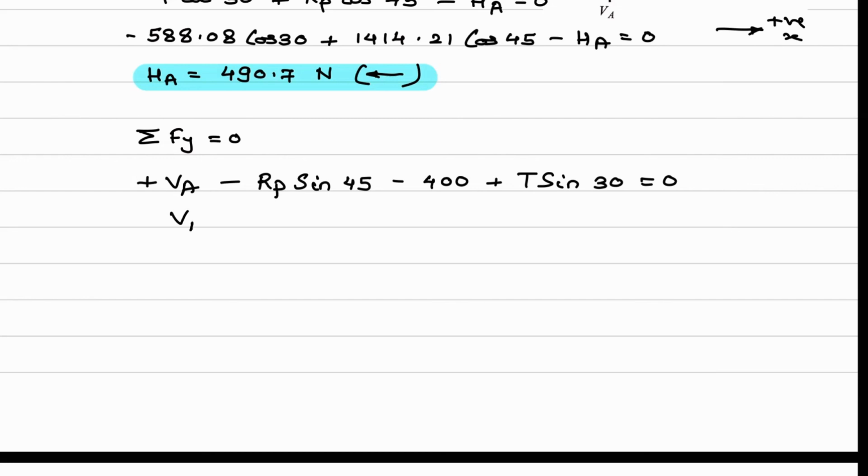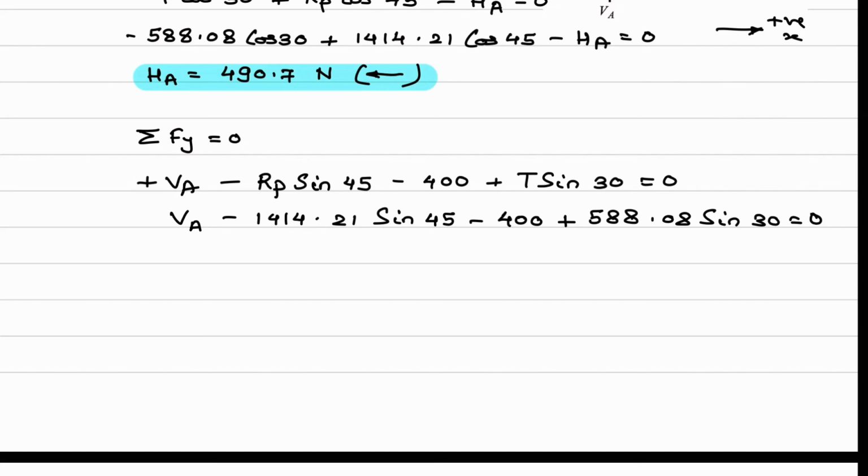So VA will be unknown minus RP, which we have already calculated, 1414.21 sine 45, minus 400 plus T value, which is 588.08 sine 30, equal to 0.